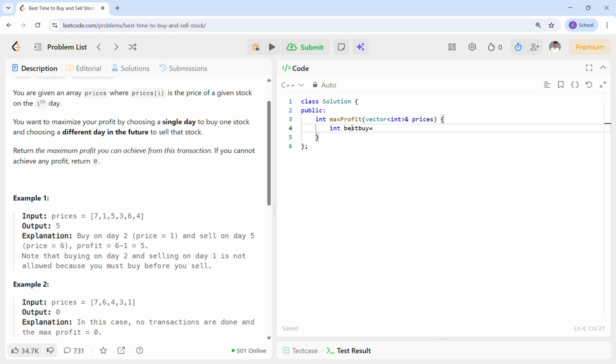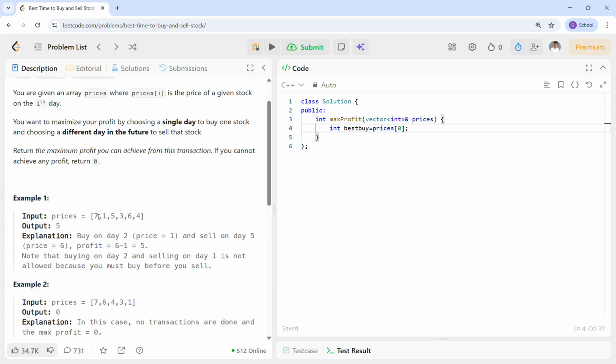As we know we have to start from the prices, so we'll start from the first index only. Let's take it as zero, because we cannot buy before 7.